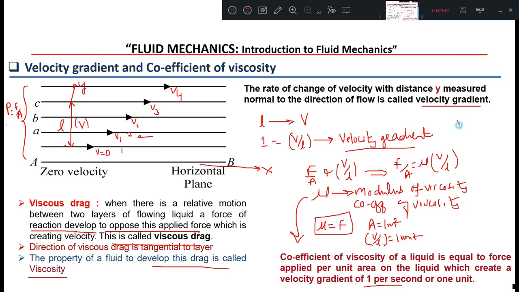So velocity gradient is V by L. If we take velocity in meter per second and length in meter, meter gets cancelled, so we get per second. So this is about velocity gradient and coefficient of viscosity.